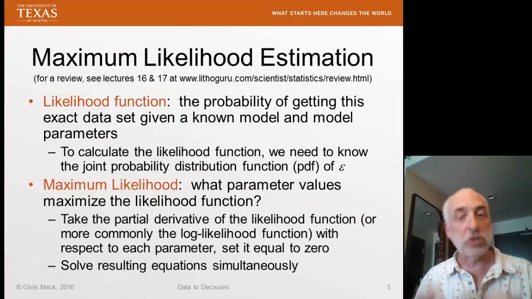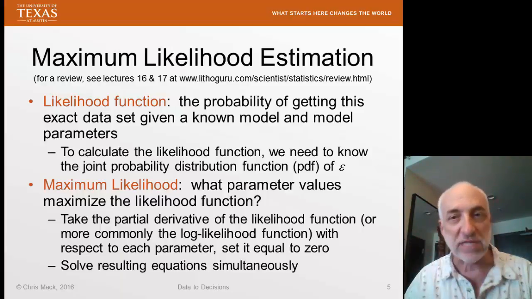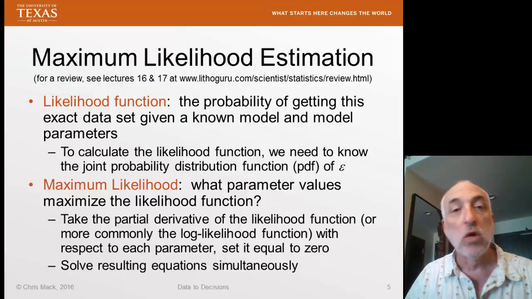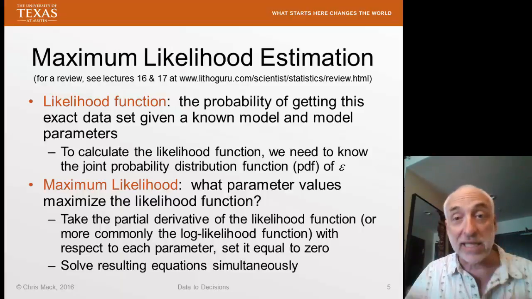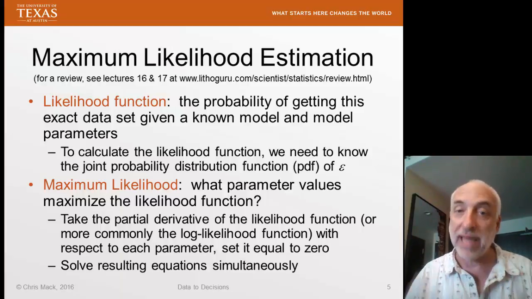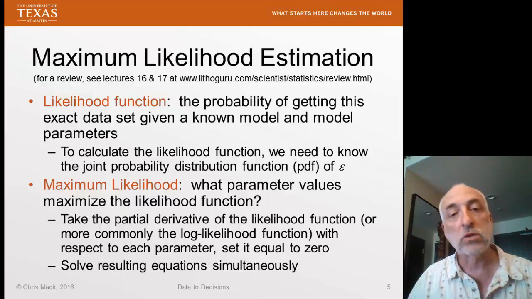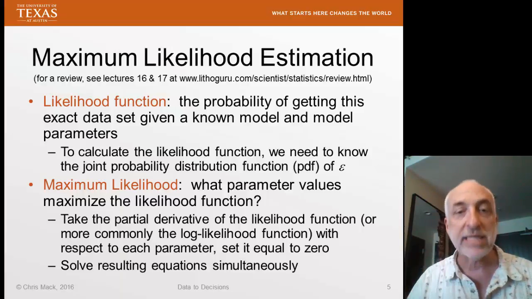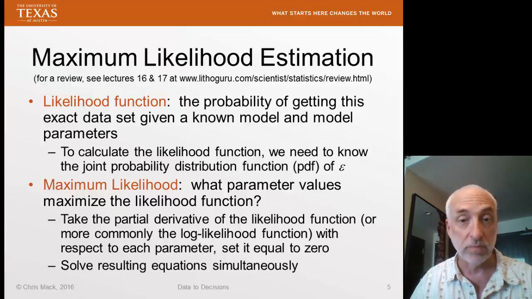So what I'm going to do is calculate the likelihood of getting a specific set of data and then ask what parameters of that model would produce the maximum likelihood. That is, what parameters of the model maximize the probability that the data set that I actually measured would have come about. To do that, I need to have an assumption about the probability distribution function of the residuals, epsilon.